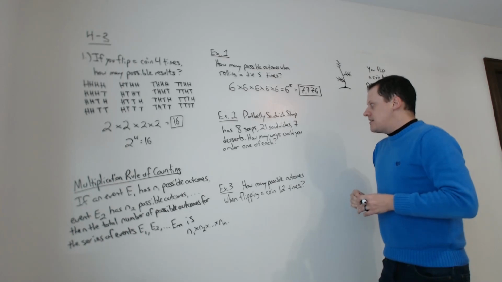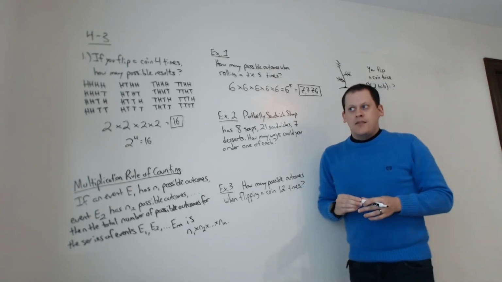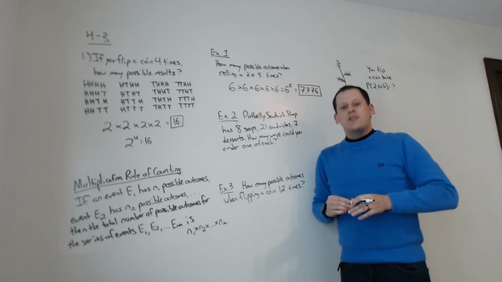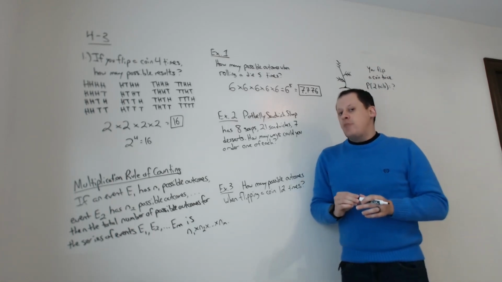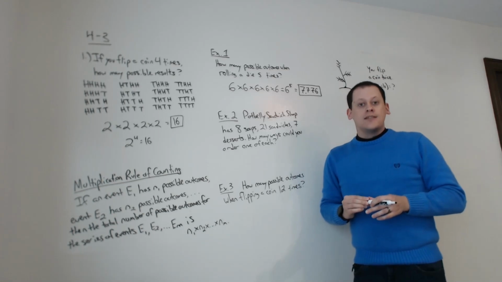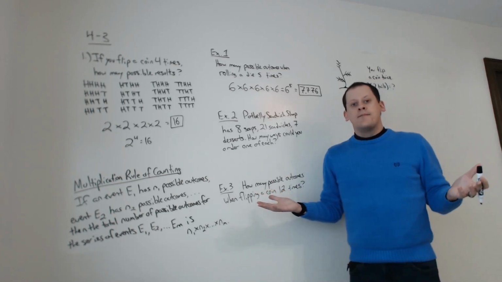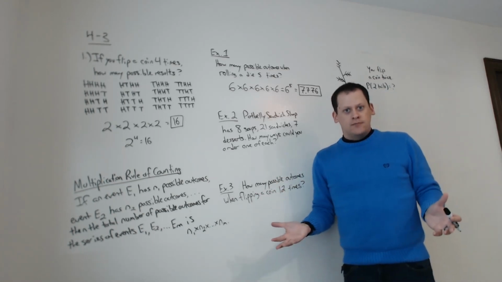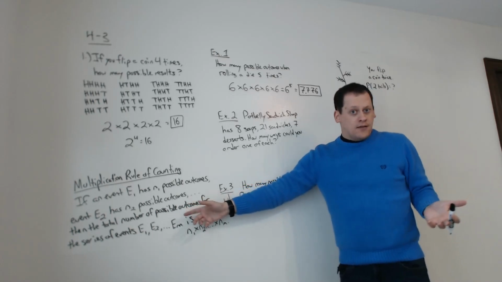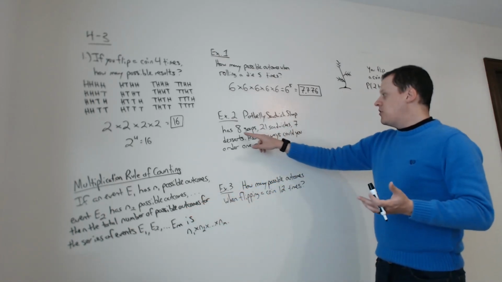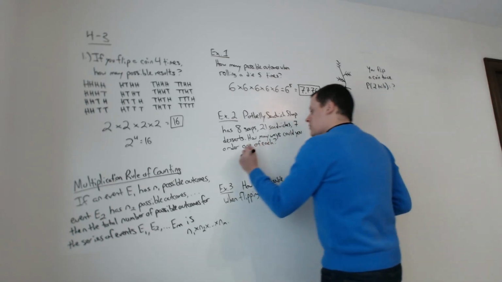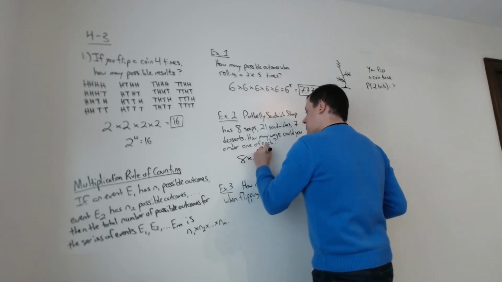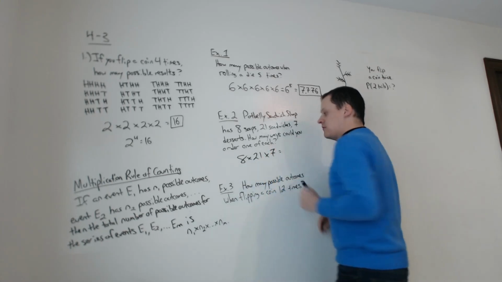This is a twist on the traditional standardized test problem of Sally has 3 shirts, 5 pants, and 4 pairs of shoes in her closet. How many different outfits can she wear? It's the same problem. It's the multiplication rule of counting. That's all it is. We're just going to be multiplying the number of soups times the number of sandwiches times the number of desserts. So we've got 8 times 21 times 7.